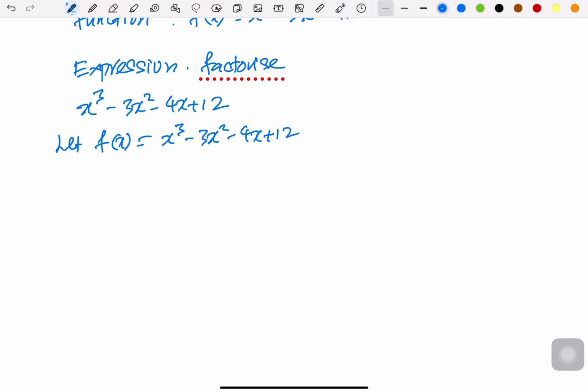So first we need to find the first root or first factor. How to find the first factor? We will use the factors of the constant.